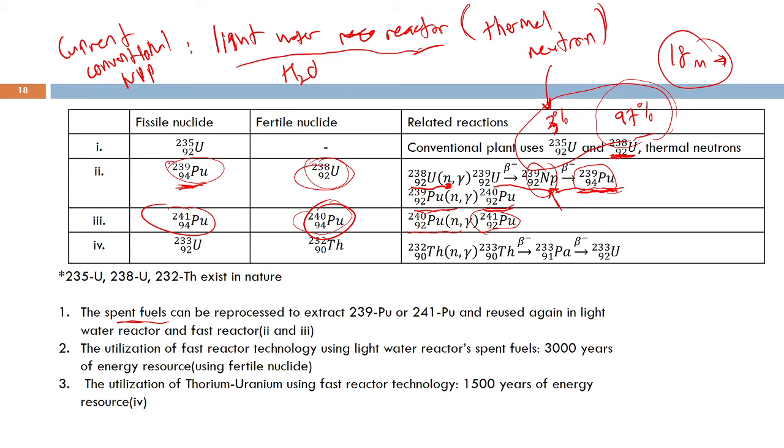If you reprocess the spent fuel and extract plutonium-239 and plutonium-241, you can use them back in the light water reactor, because they are fissile, they can fission by thermal neutron. You can put it back in the conventional nuclear power plant.